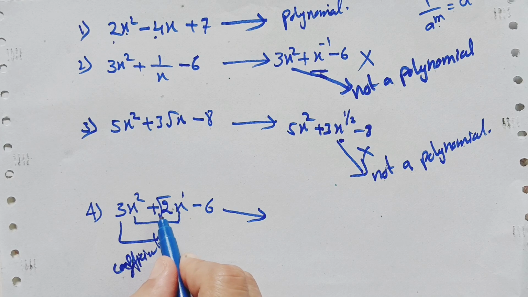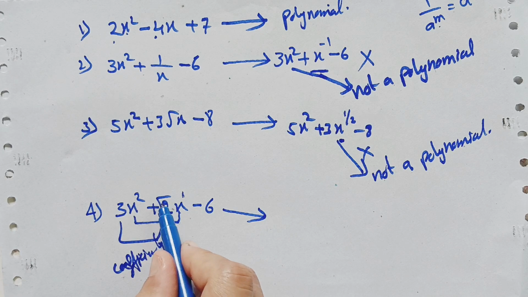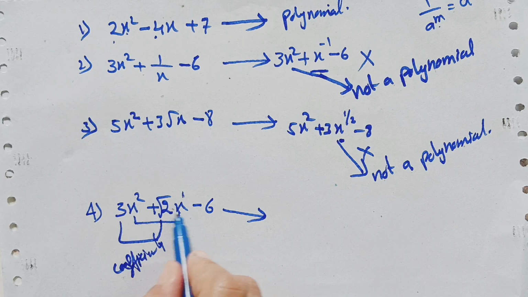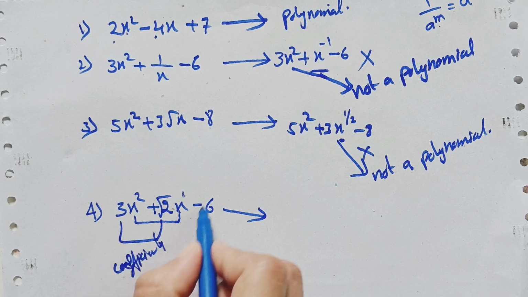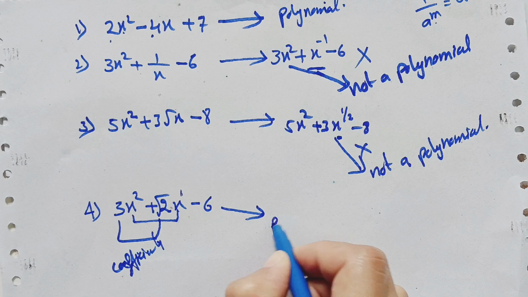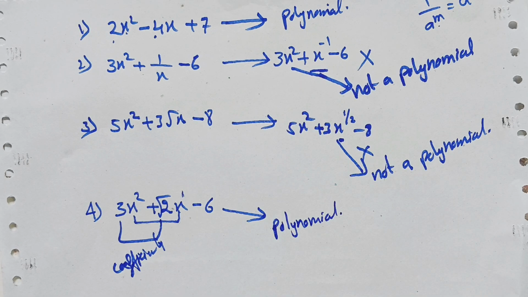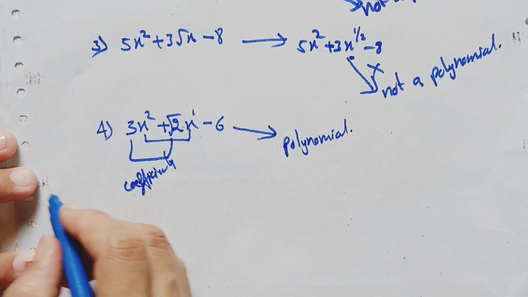So here the coefficient, whether it is root 2 or minus 2 or plus 2, doesn't matter. Coefficient may be anything else, but the powers of the variable should be positive. So this expression is a polynomial itself. Now it's clear what is a polynomial. Okay, now we'll see.